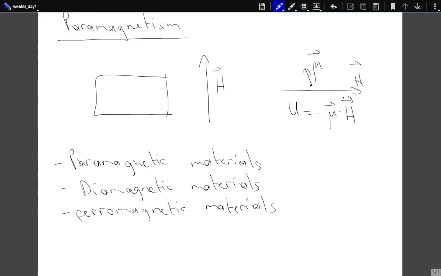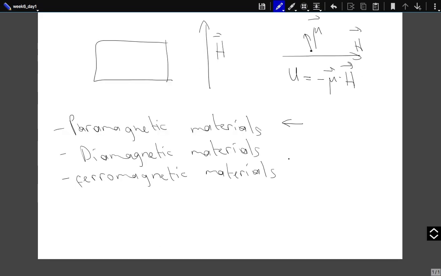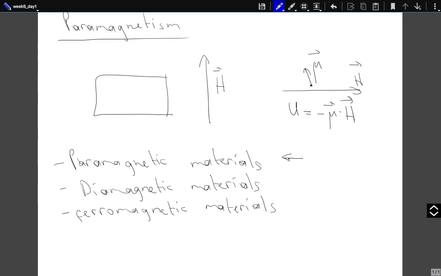And this phenomenon is what causes the paramagnetic property. So the magnetic dipole creates an additional magnetic field in the direction of its own. So in such materials, when you align the magnetic dipole moment with the magnetic field, the total magnetic field is basically enhanced.